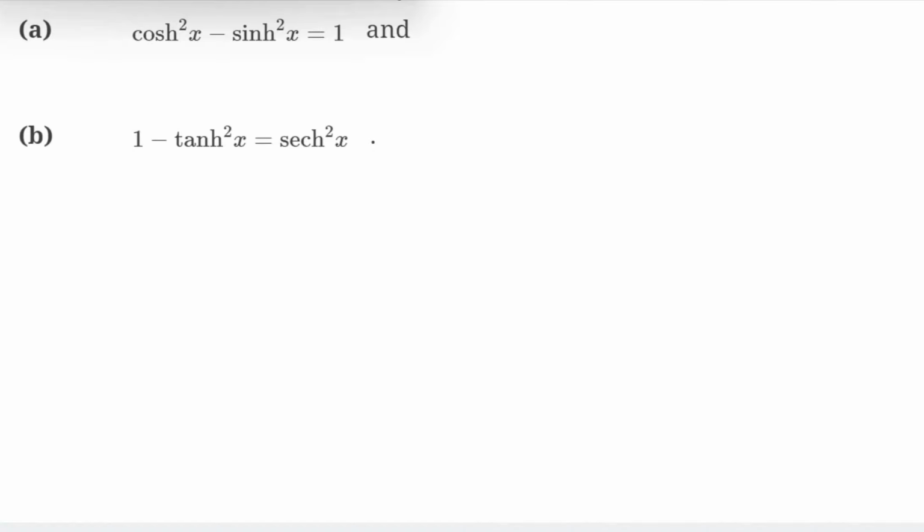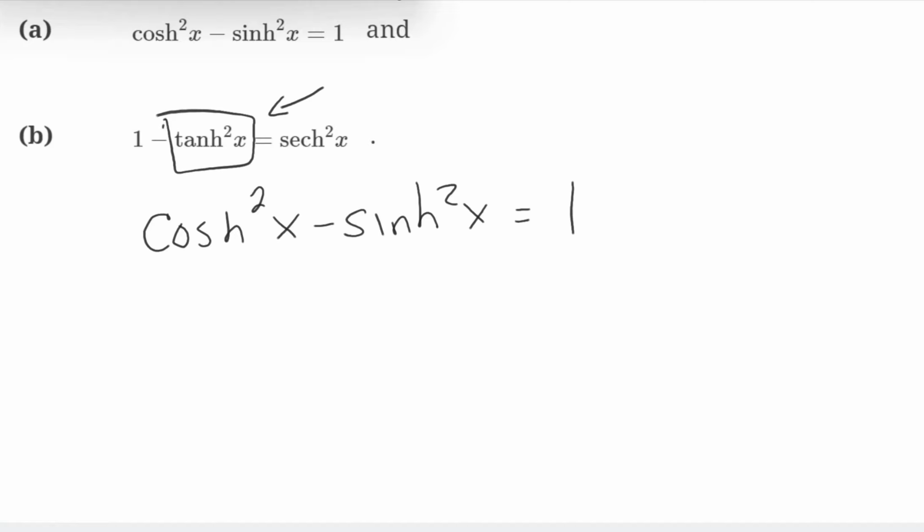So let's take the first one. So I know that this right here is sine over cosine. Okay? So if I can get that to be sine over cosine, I'm good. So let's divide everything by cosine.